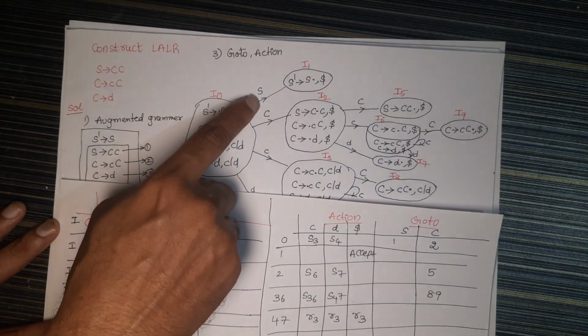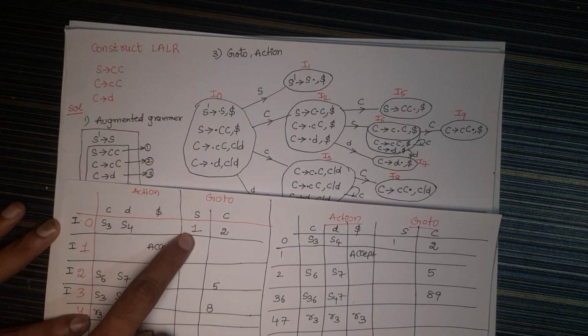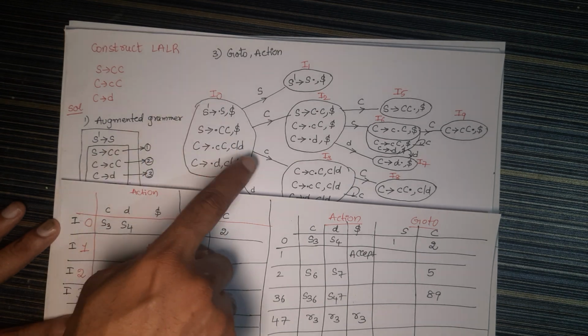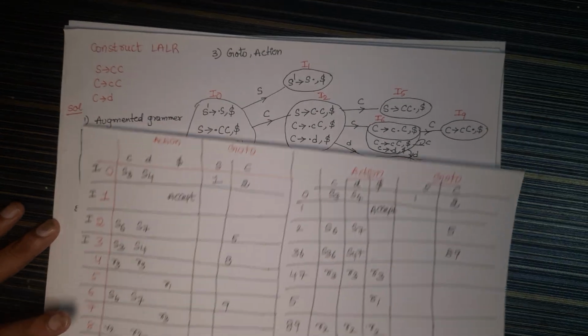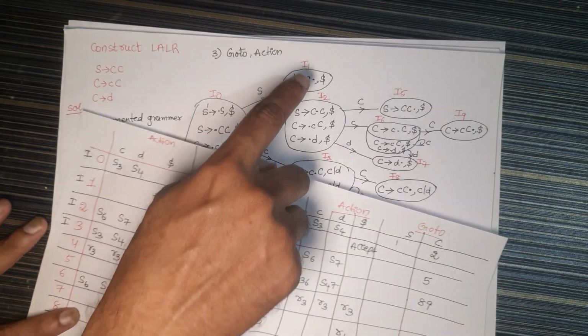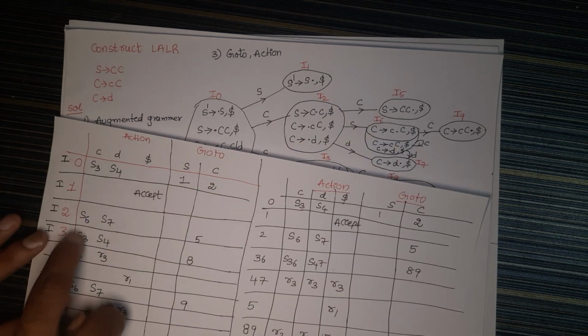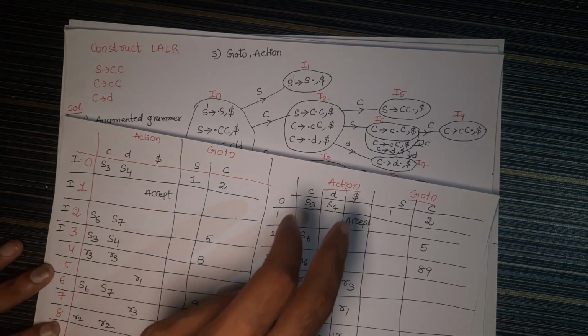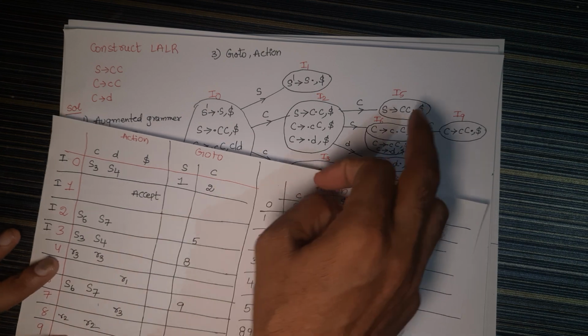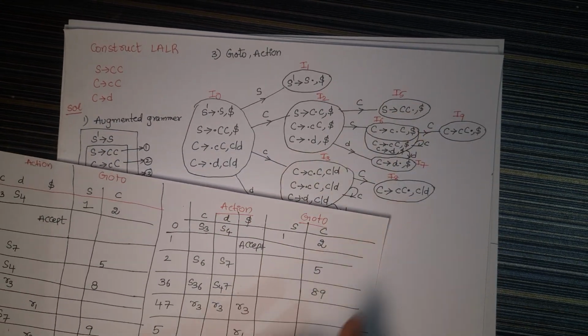For I0 on capital S go to I1, which means 1; I0 on small c go to I3, so S3. When you found the reduce moves, the final moves, we place the values in place of the lookahead symbols. Here dollar is called a lookahead symbol, and C by D are called lookahead symbols.